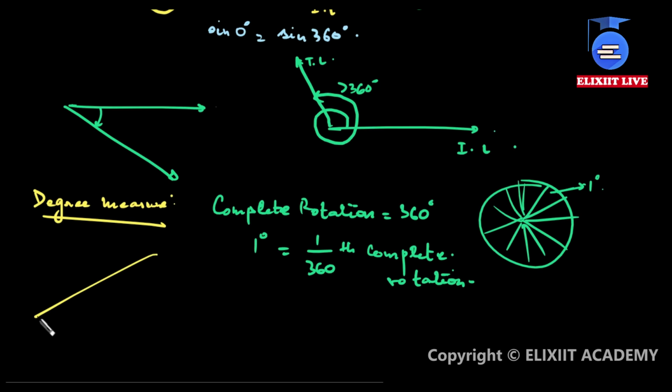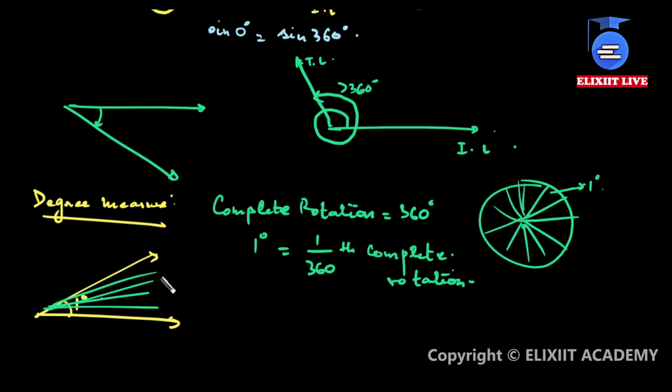If I enlarge this and show you, each of these slices is considered to be 1 degree. Further, 1 degree was divided into even smaller parts, very, very small parts.